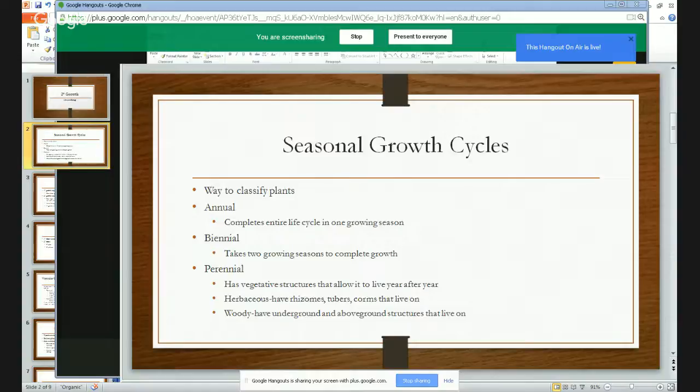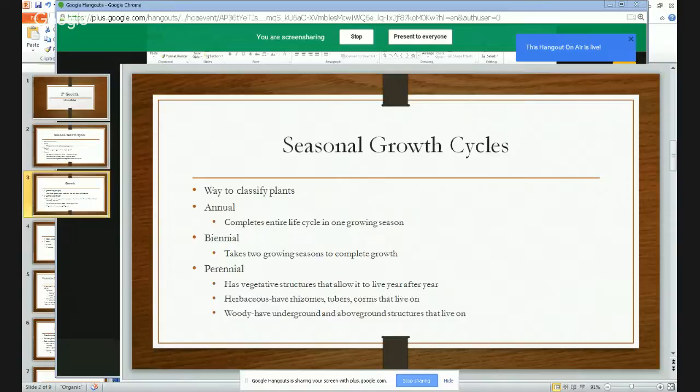So it might have a root system with a tree trunk, for example, or some of our bushes are going to have those woody stems above ground too. So that goes through the different growth cycles.